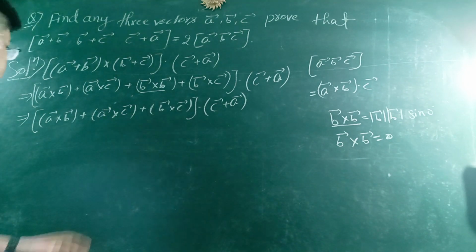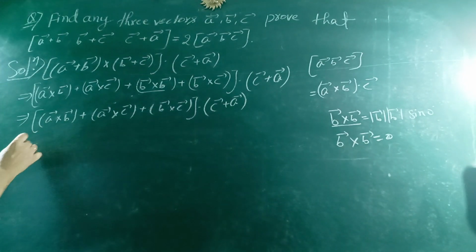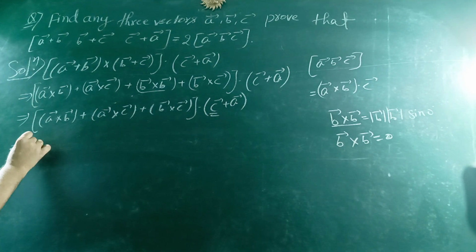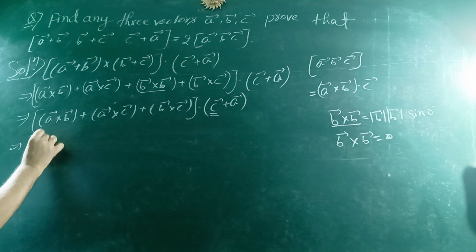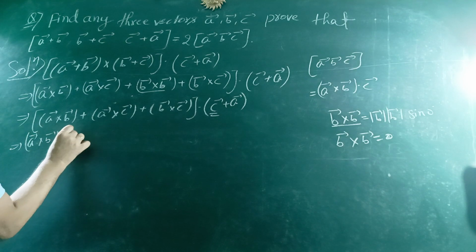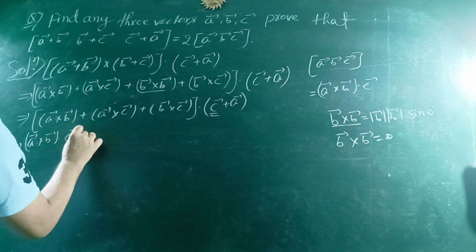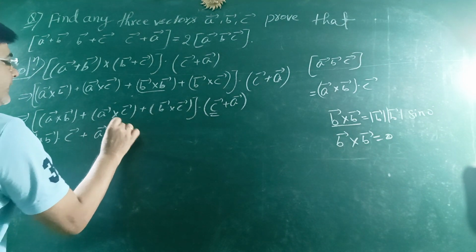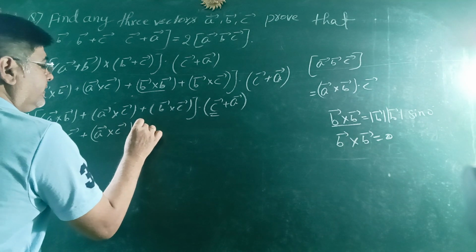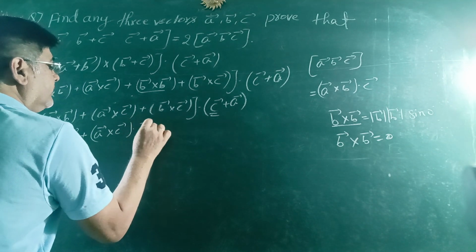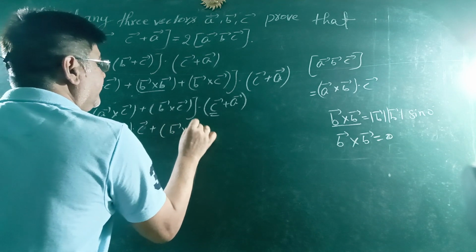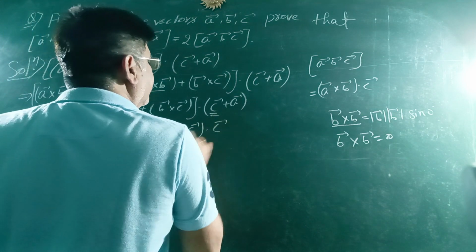Now, first of all, C is multiplied first of all. And this is the final result. A vector cross B vector dot C vector plus A vector cross C vector dot C vector plus B vector cross C vector dot C vector.